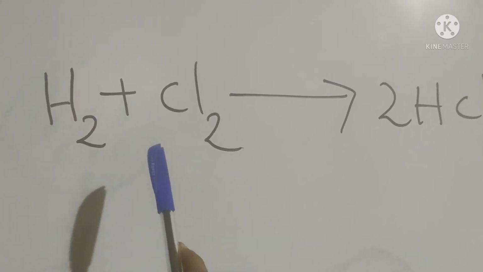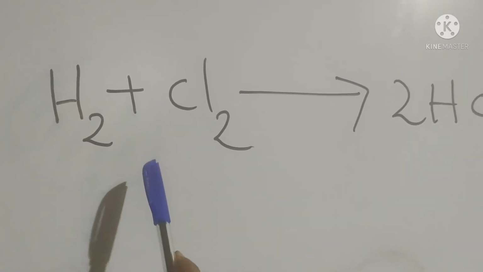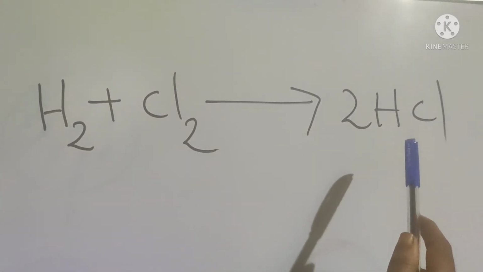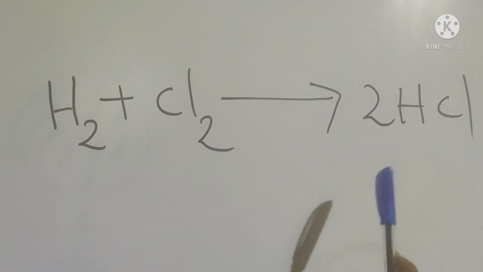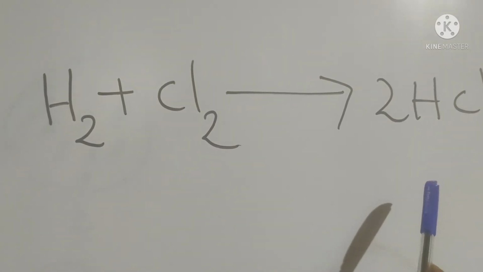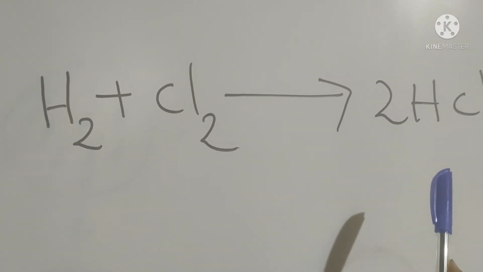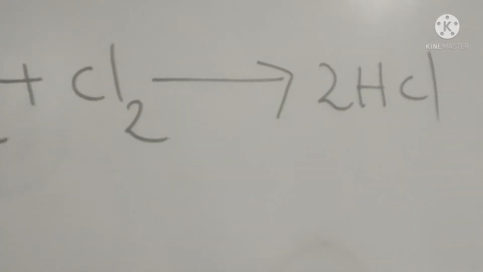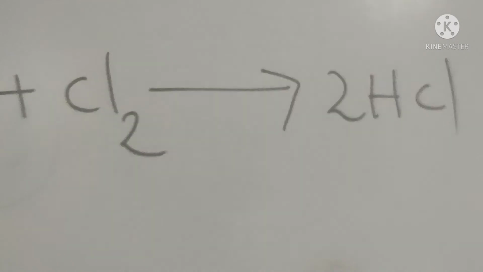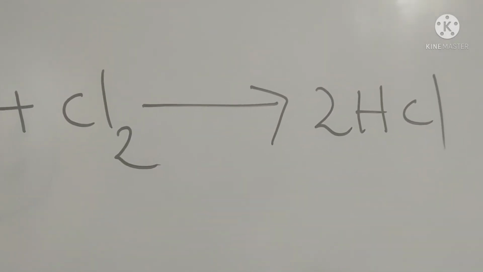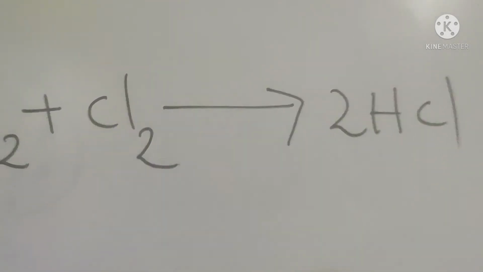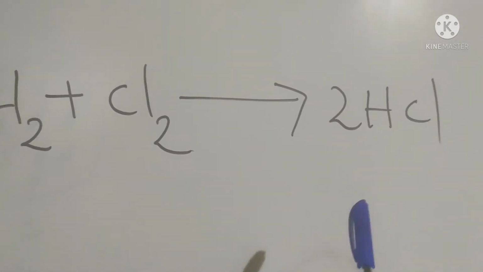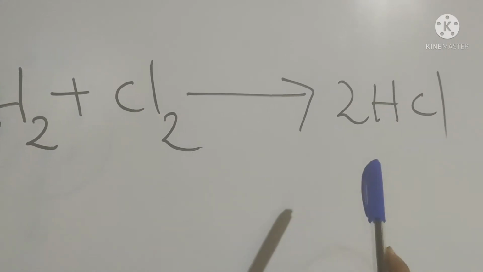Hydrogen and chlorine simply rearrange to give hydrogen chloride. There is no formation of new atoms and no destruction of any atoms. The postulate is that chemical reactions involve reorganization of atoms, which are neither created nor destroyed. I think from this example you might have understood the postulate.